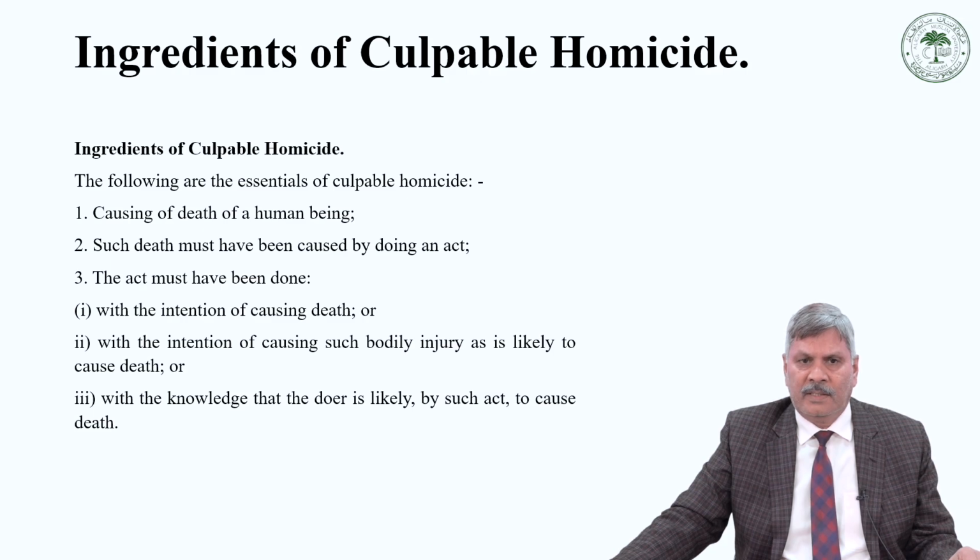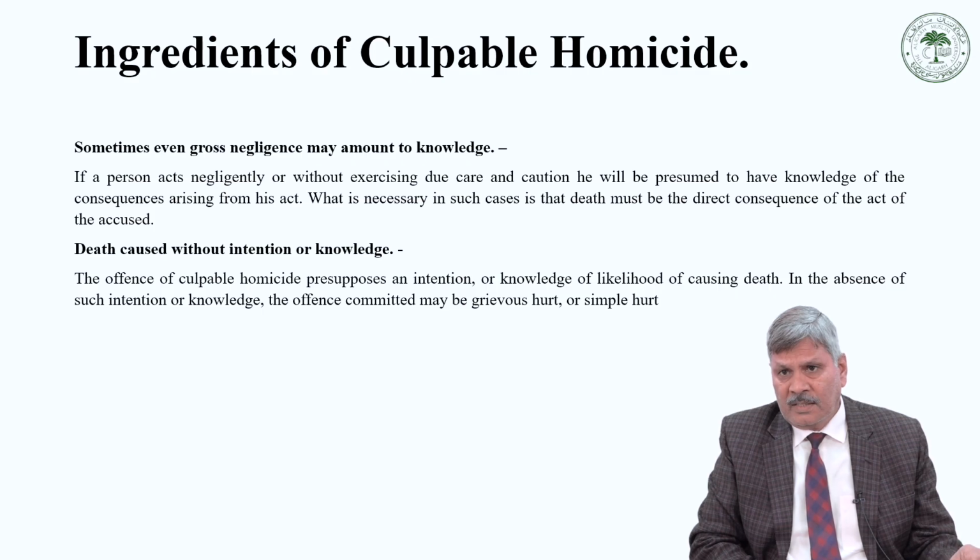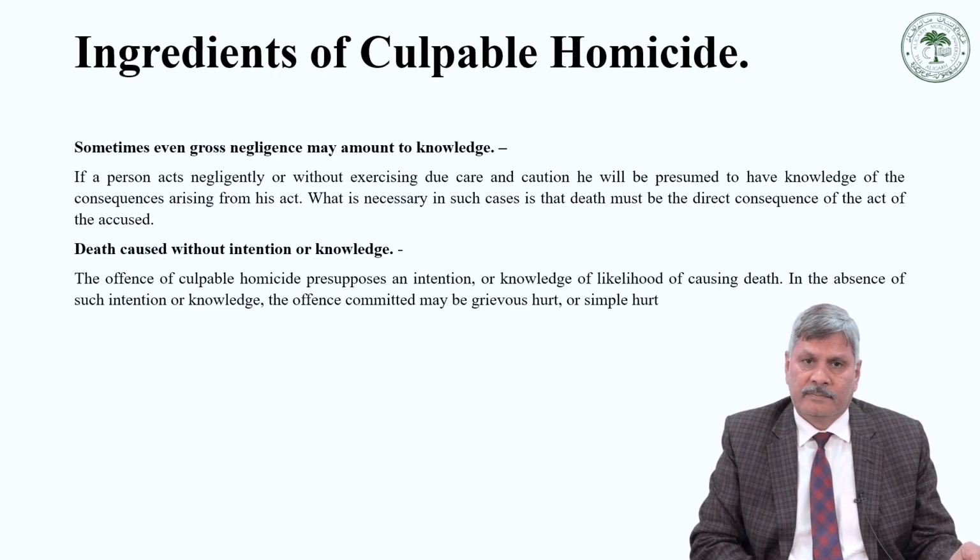It was held that the accused at best can be said to have knowledge that use of the revolver was likely to cause death, and hence he is liable to be convicted under section 299 class 3 of the Indian Penal Code, that is section 100 of the Bharatiya Nyaya Samhita 2025, and not under section 300 IPC, that is section 101 of the Bharatiya Nyaya Samhita. Sometimes even gross negligence may amount to knowledge.